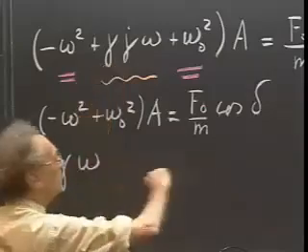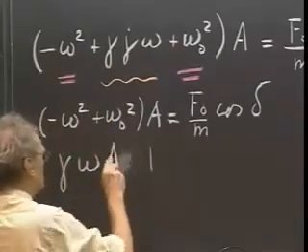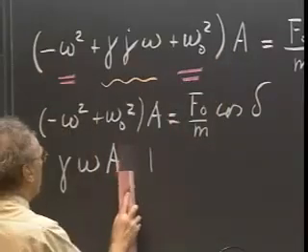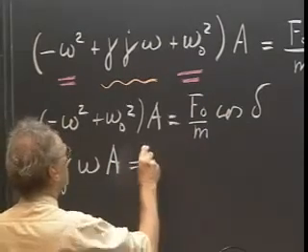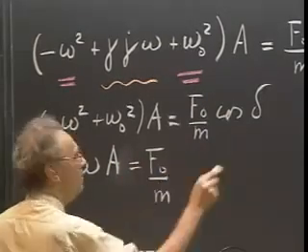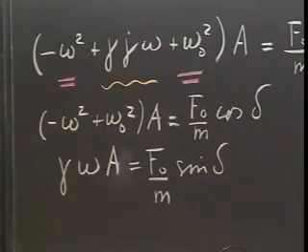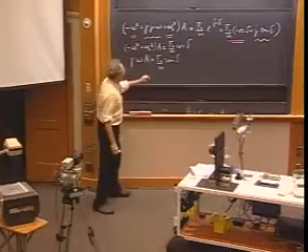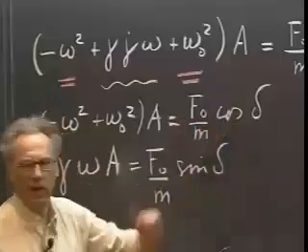Gamma omega times A, I still have this A here, equals f0 divided by m times the sine of delta. Two equations with two unknowns, A as unknown and delta as unknown. And they're easy to solve. If you square them, then you get sine squared delta and cosine squared delta.